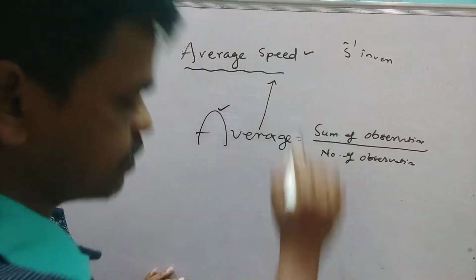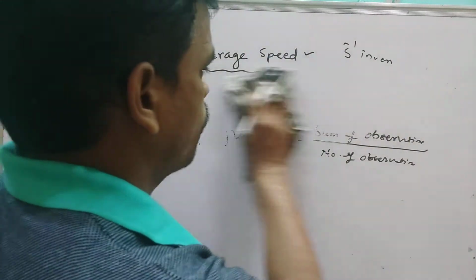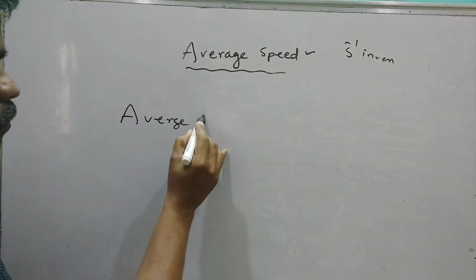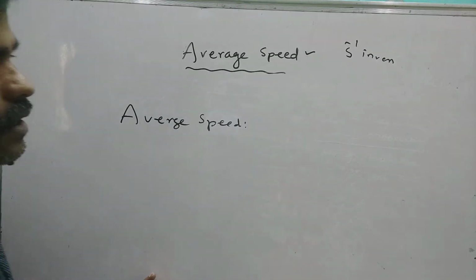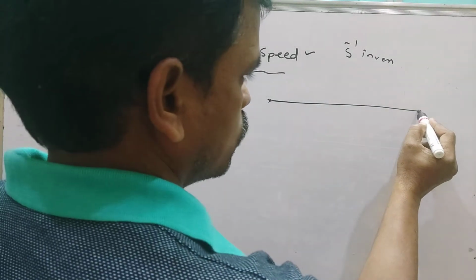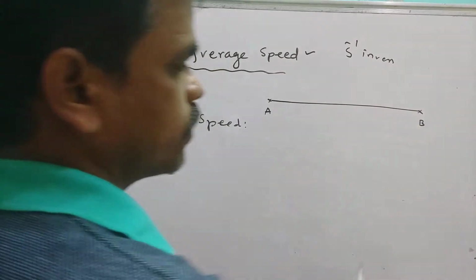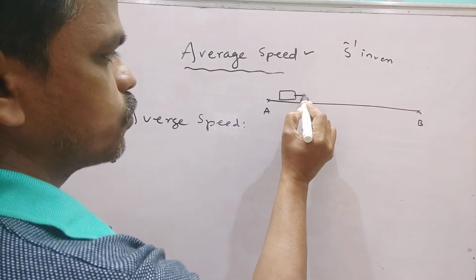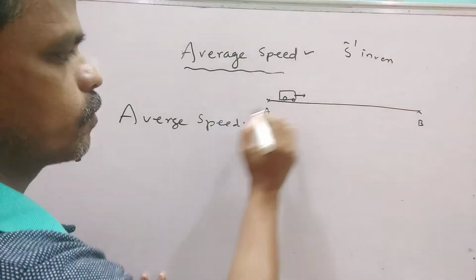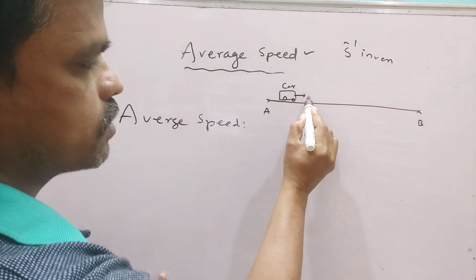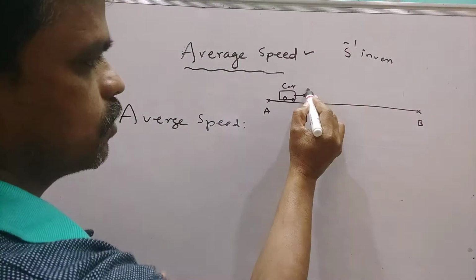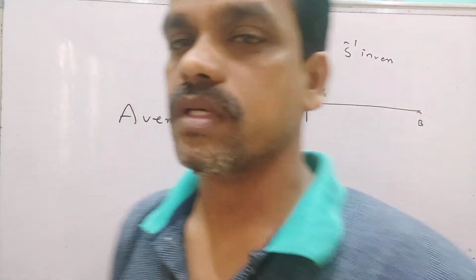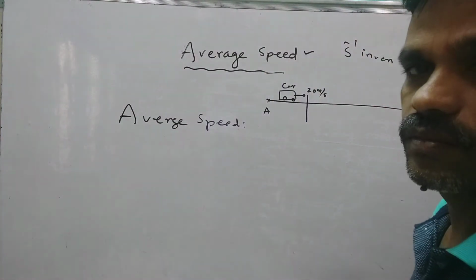Now we want to discuss average speed. Let me take one example. This is point A, point B. A car is moving. At this point the car has a speed of 20 meter per second.